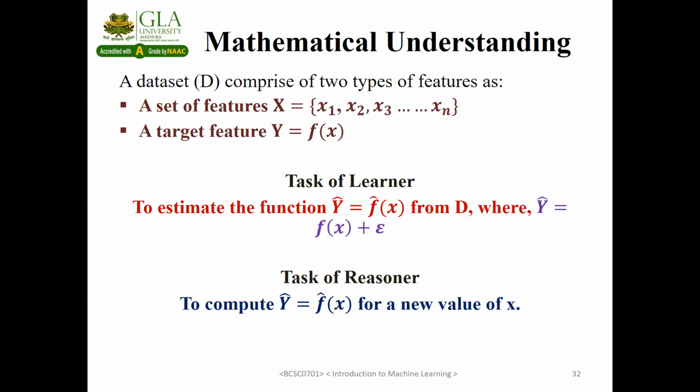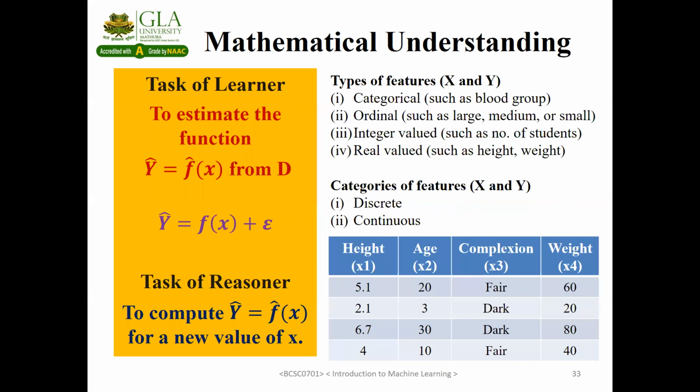So here, continuing in the same way, the types of features, that is the value of x and y, can be categorized into four categories. As you can see, both the features, whether x or y, can be categorized into four categories.